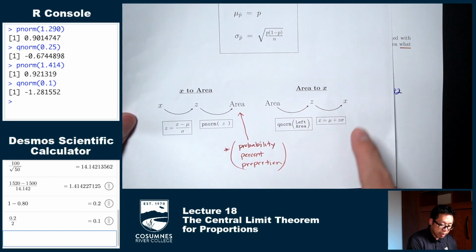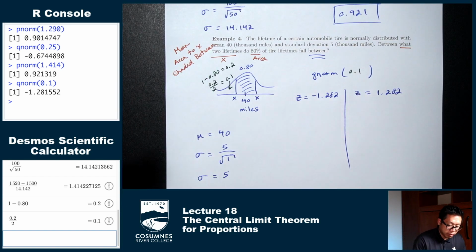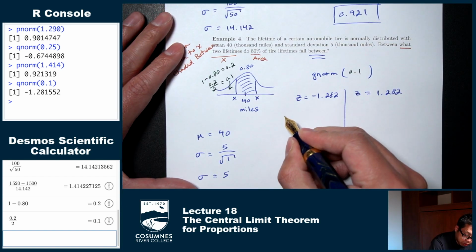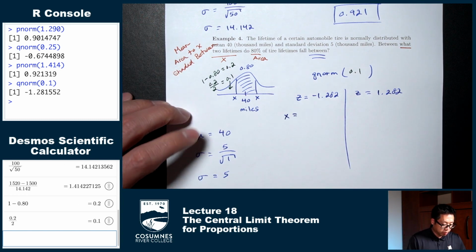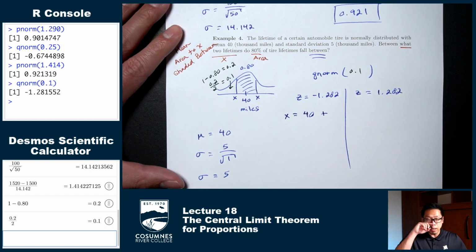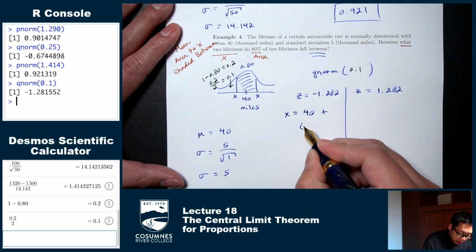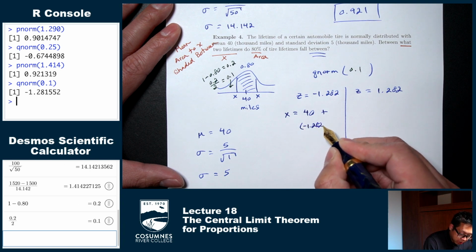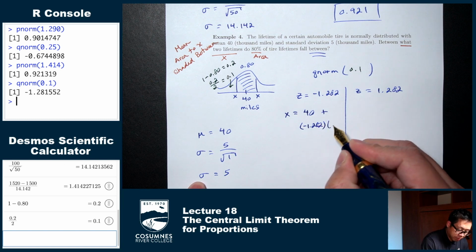Last step, z to x, using the x formula. So we'll do the x formula for both of these z's. So x equals mu, the mean, which is the 40, plus z times the standard deviation. Our z here is negative 1.282 times the standard deviation, 5.